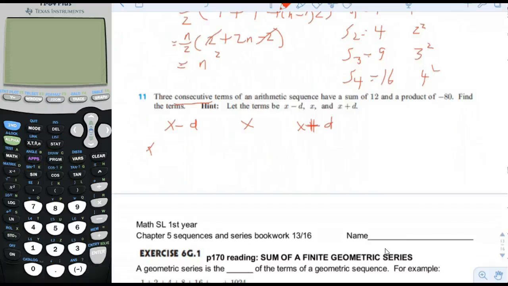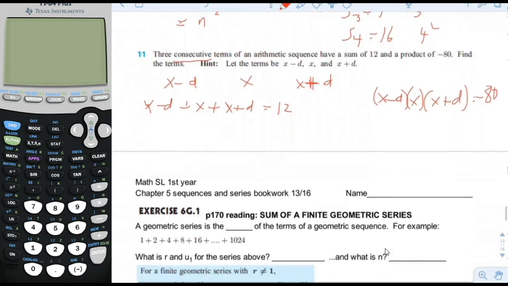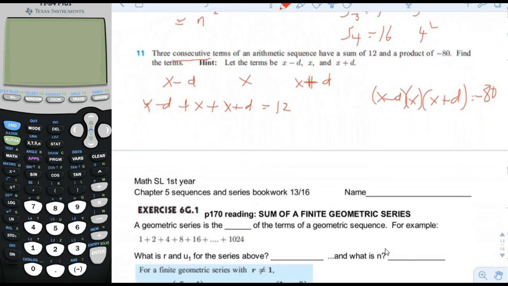So the sum of x minus d plus x plus d is equal to 12. And the product of x minus d times x plus d is equal to negative 80. Okay, so we use these two equations and two unknowns to figure out what x and d are.